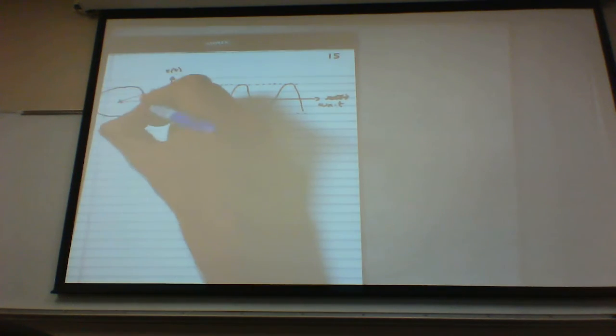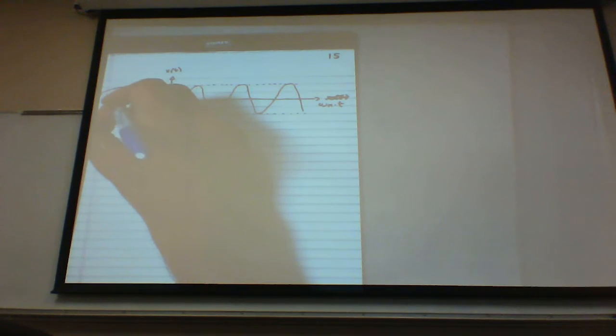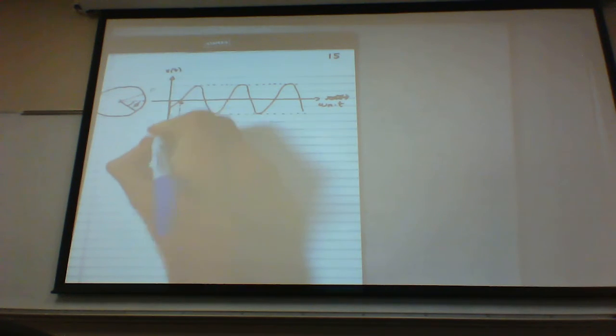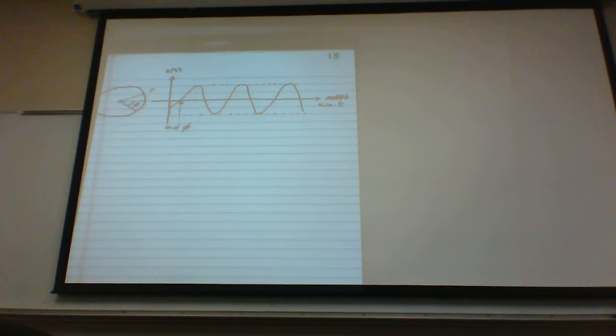If you think about this point, this would be the phi, which will also be this space over here. Maybe I'm trying to put too much information on one figure, but all right. So what happens if we follow the point P? It will be 0.